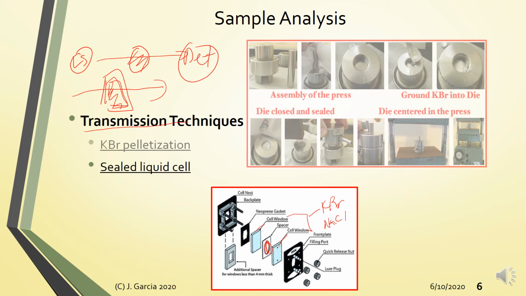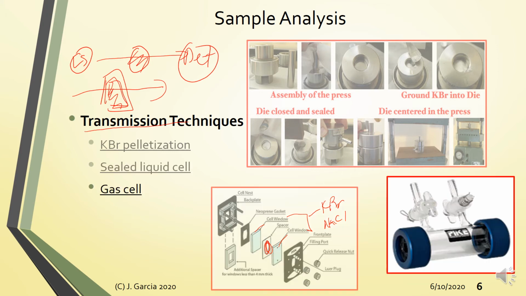So common solvents na ginagamit would be your carbon disulfide, carbon tetrachloride. So these are highly symmetric organic molecules. Ang problema nga lang sa kanila, if you're familiar with these chemicals, is that they are carcinogenic. So yun yung main limitation nila.